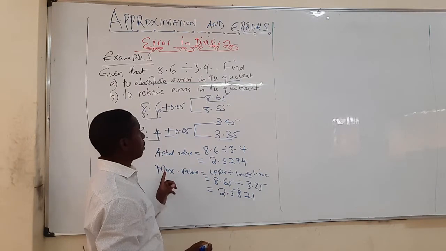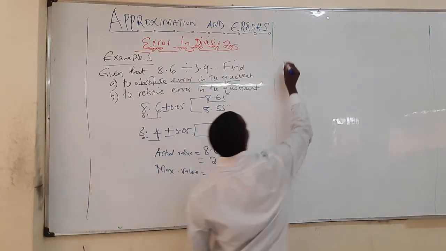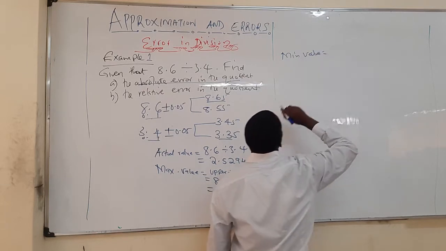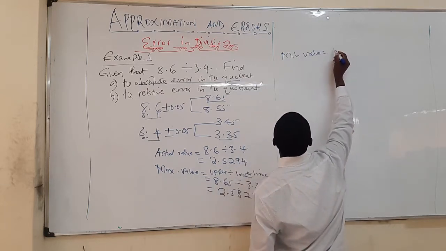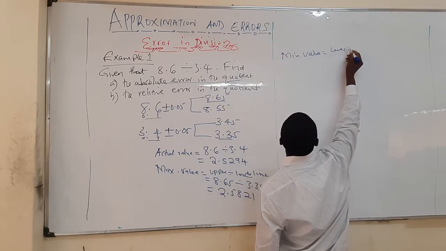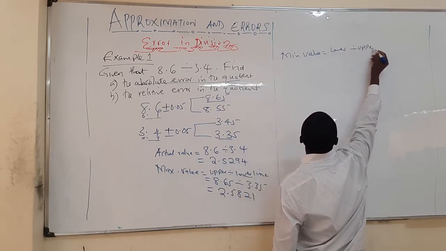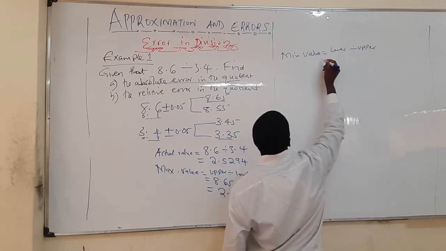Then we want to get the minimum value, and this is given by the lower limit of the first number divided by the upper limit of the second number.